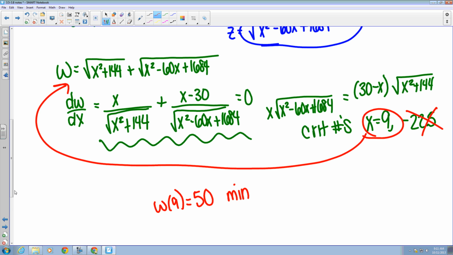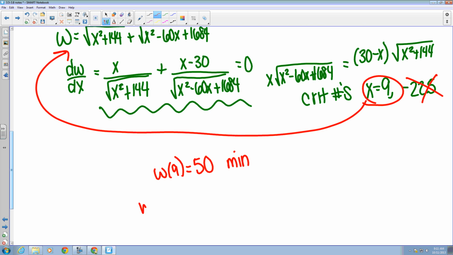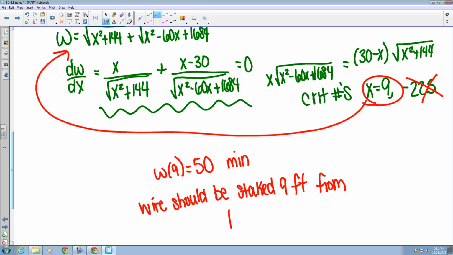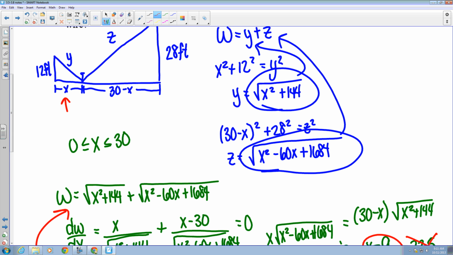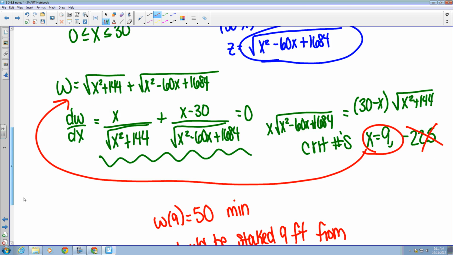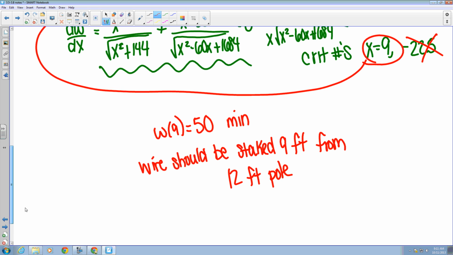So for our answer, the wire should be staked 9 feet from the 12-foot pole, since that's what x stood for essentially in the original. Here's our x. Okay.